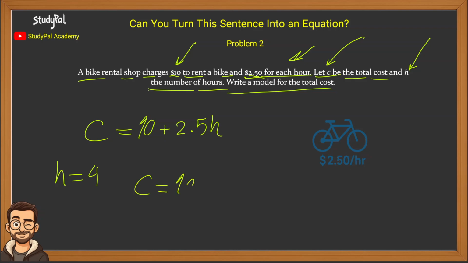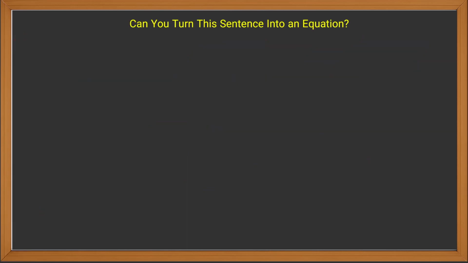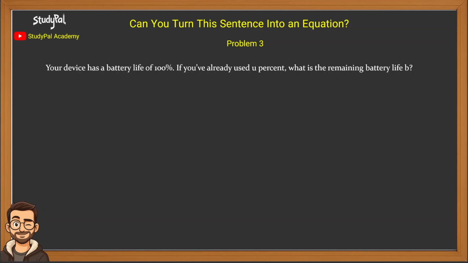C is 10 plus 2.5 times 4. 2.5 times 4 is 10, right? And 10 plus 10 is 20. So you need to pay $20 for using their service for 4 hours.